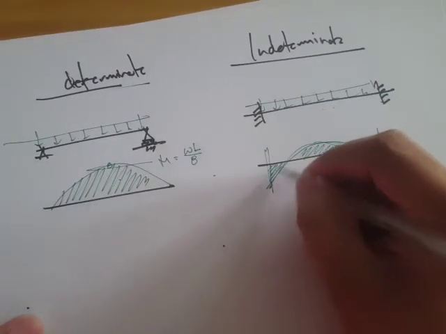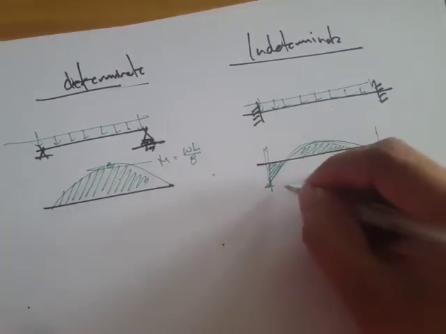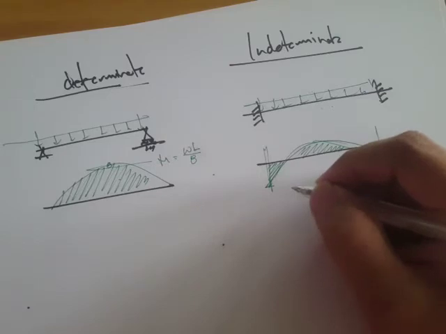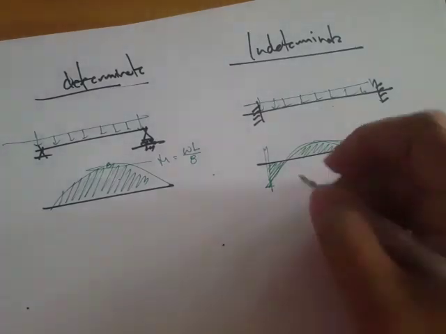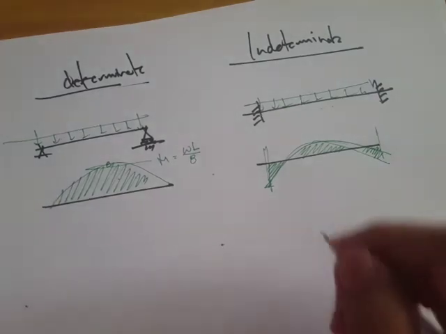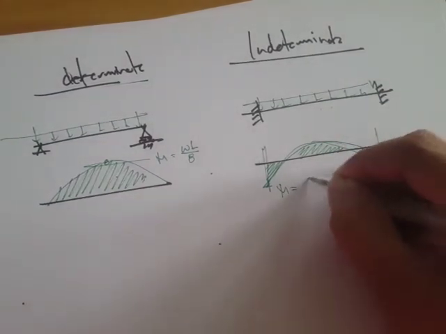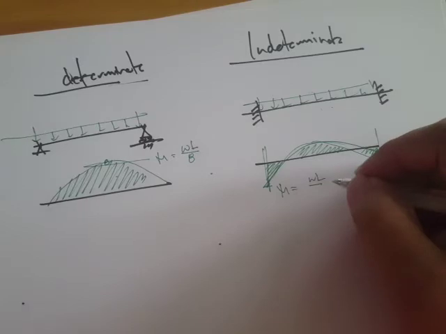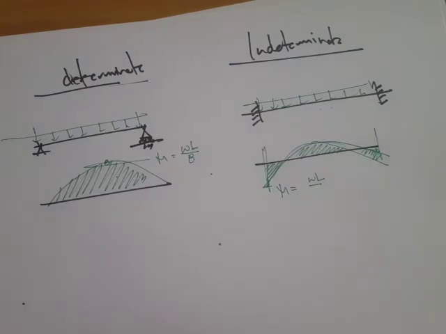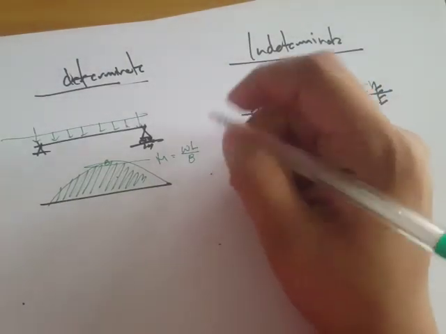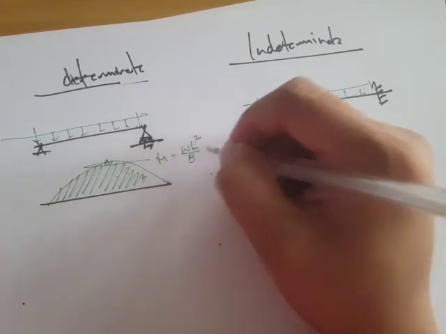Whereas here, you have a moment that's like, I think this is WL squared over 8.